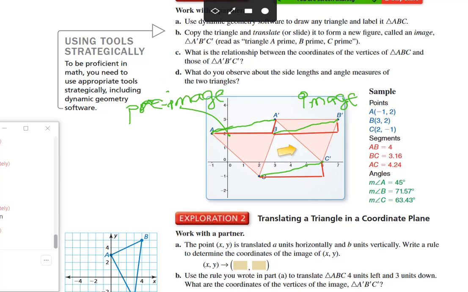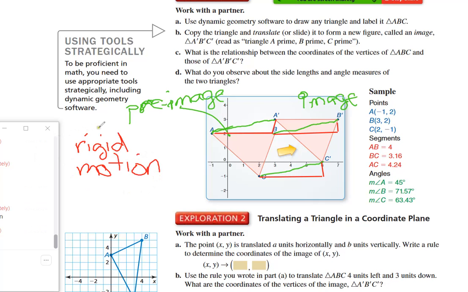We call this rigid motion. The thing didn't get distorted or anything. It stayed the same shape. It stayed rigid. So we describe these things with a little rule, an arrow rule.